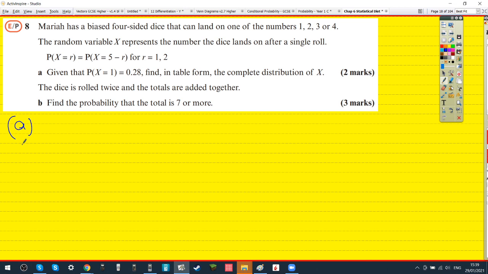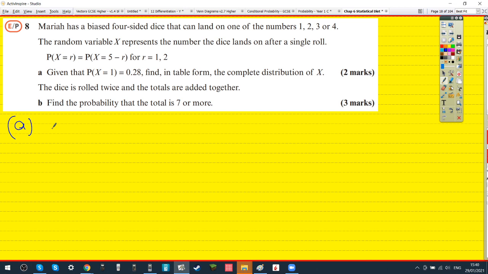Okay. So it says x is 1, is 0.28. Does that mean that after the first roll it's always going to be 0.28?